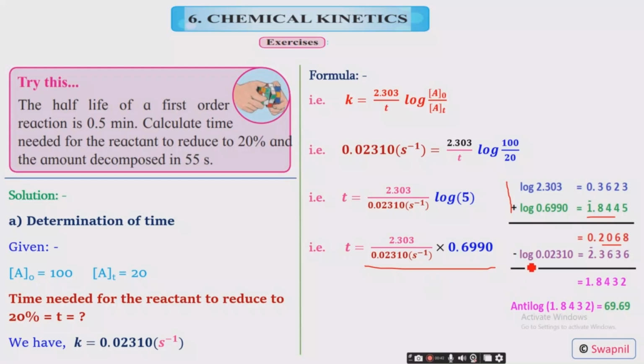So minus log of 0.02310 is bar 2.3636, and by subtracting this value we get 1.8432. Now the antilog of 1.8432 is equal to 69.69. Therefore T is equal to 69.69 seconds. So this is the time needed for the reactant to reduce to 20% of its initial amount.